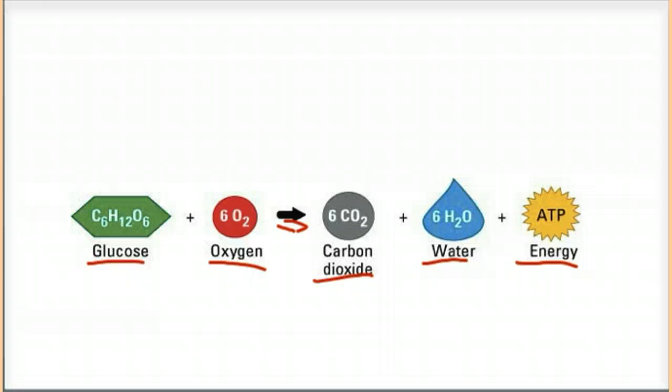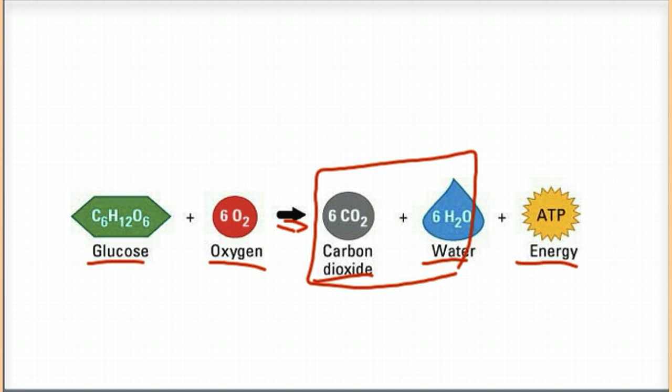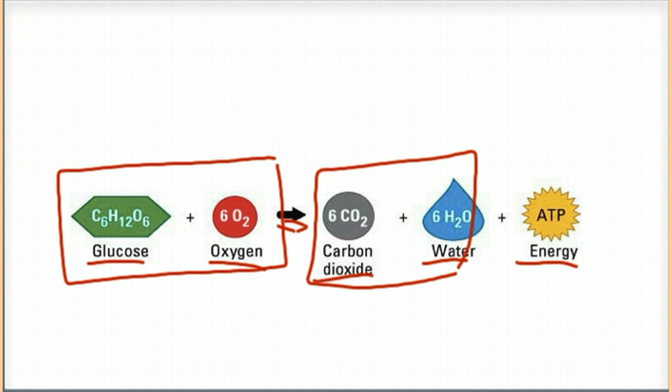Everything you count on this side of the equation should equal everything you have on the opposite side. For your exams, at this level, first of all, I need you to know that glucose plus oxygen will give you carbon dioxide and water and energy. And all of this happens in the mitochondria. That's the first thing you need to know.